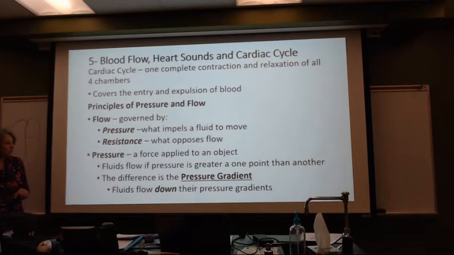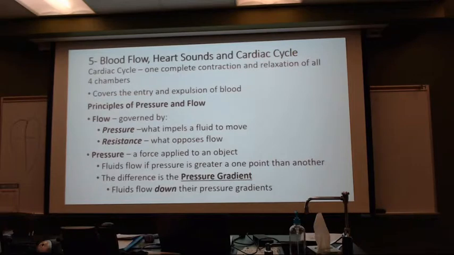For pressure, pressure is a force. Now, in thinking about our cardiovascular system, we tend to associate pressure with being high or low. That's how we tend to think of it.